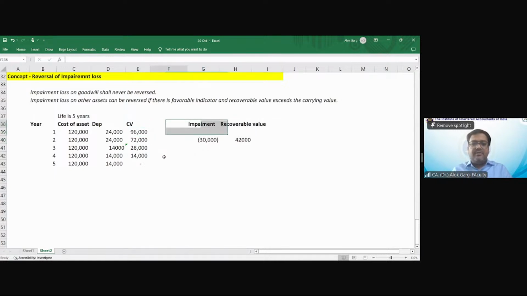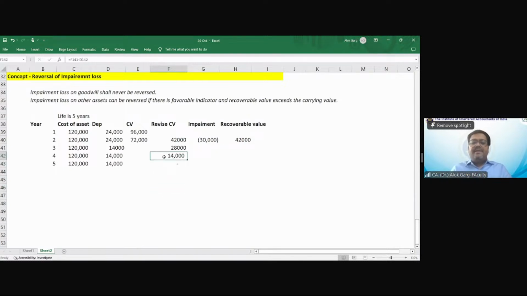Let me put another column of revised carrying value. Here the revised carrying value will be 42,000, then 42 minus 14, divided by 2, divided by 1. Okay, fine.